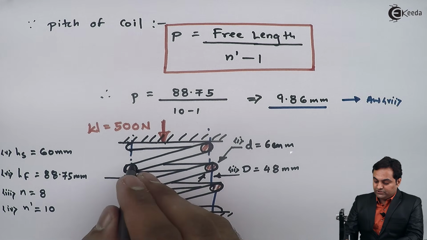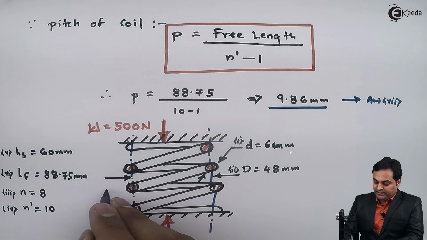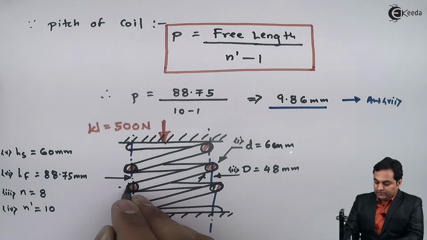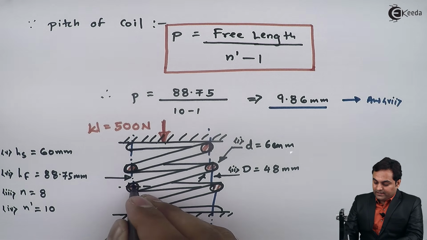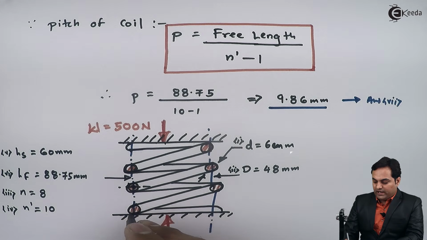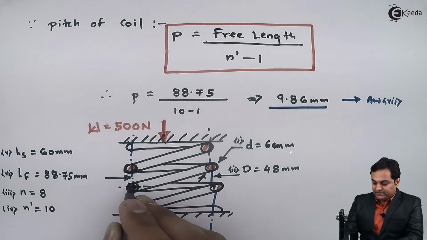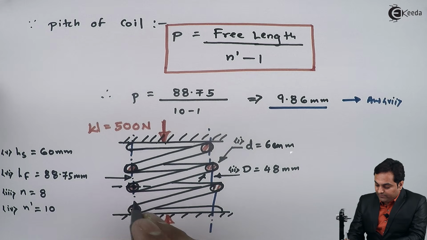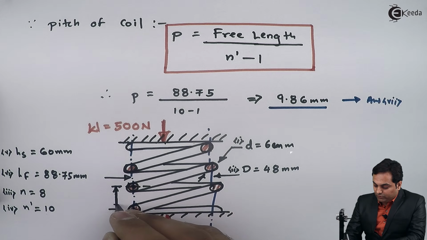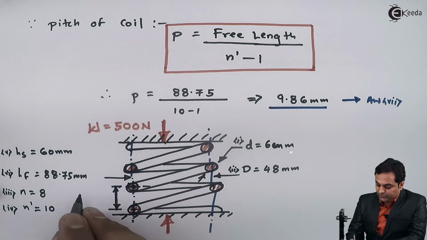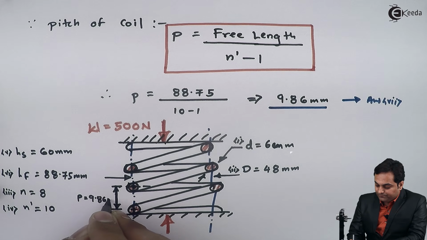Now what was pitch? If we take any arbitrary point, like this center, then on the next wire we take the center at the same point, and if I measure the distance between these two points, it is called one pitch, and the pitch value is 9.86 mm.